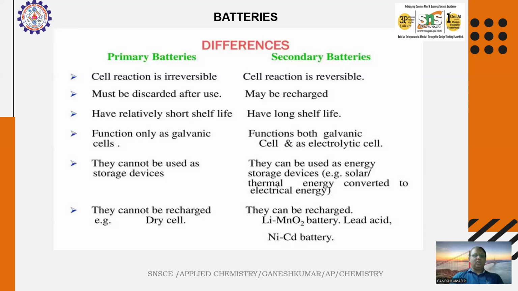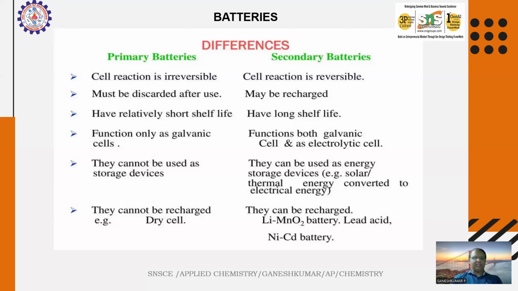Primary batteries function only as a galvanic cell, but secondary batteries function as both galvanic cell and electrolytic cell, where a galvanic cell is one in which chemical energy is converted to electrical energy, and an electrolytic cell is one in which electrical energy is converted to chemical energy. Primary batteries cannot be used as storage devices, but secondary batteries can.